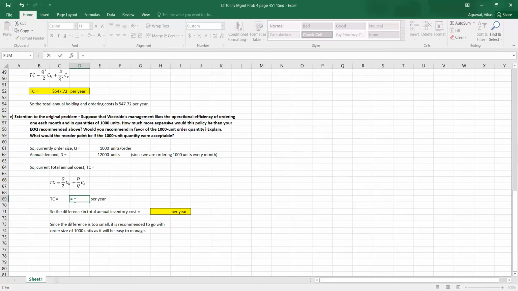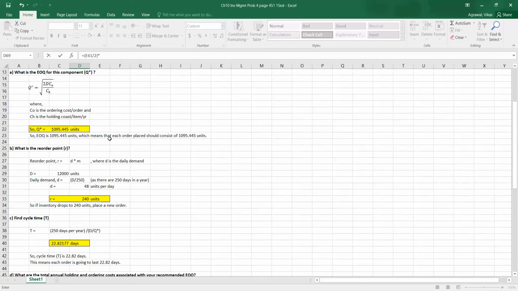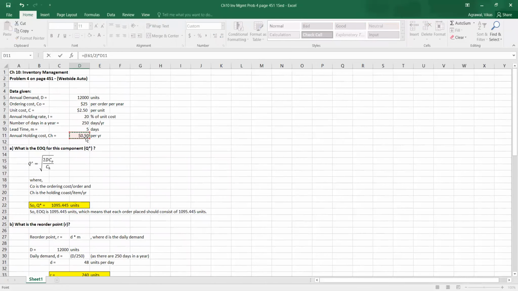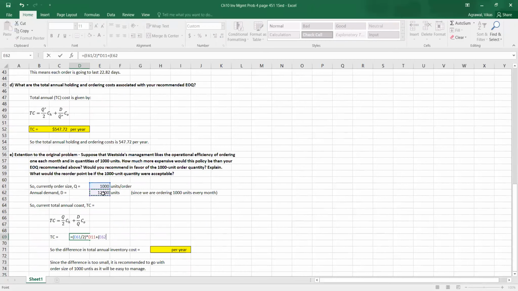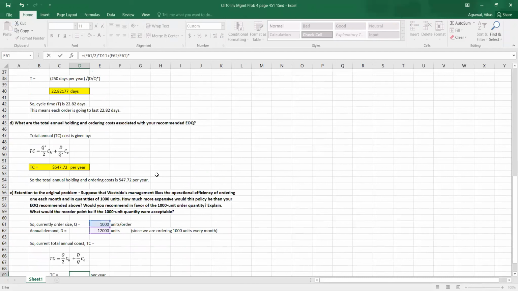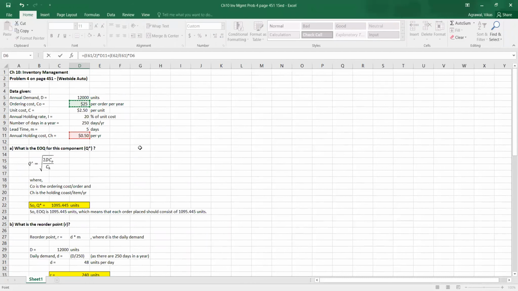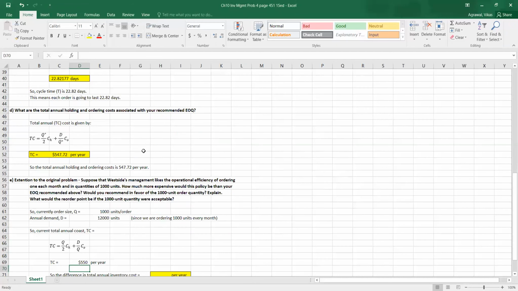So here I'm going to say 1000 units, that's what I'm going to be using, divided by 2 times the carrying cost, which is this one, plus we have 12,000 divided by 1000 times the ordering cost, which is $25 per order.